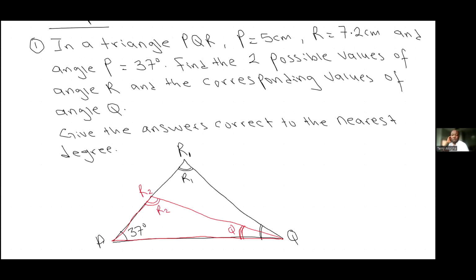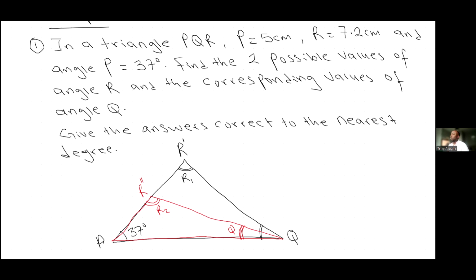So these are the possible triangles you have here. I can separate both of these R using an apostrophe. I'll call this R2, while I'm going to call this R1.